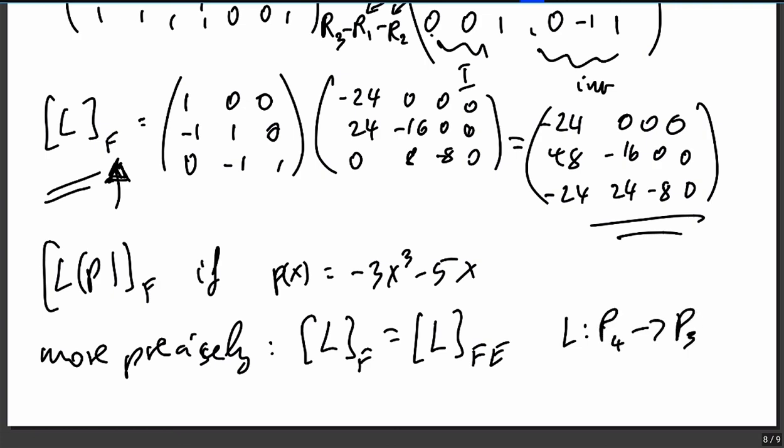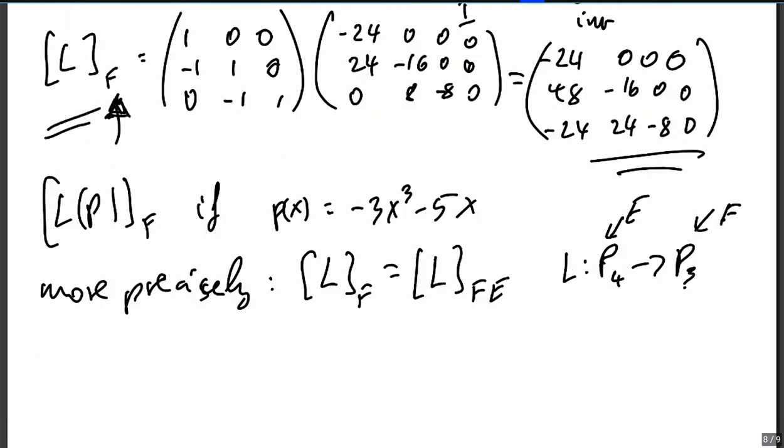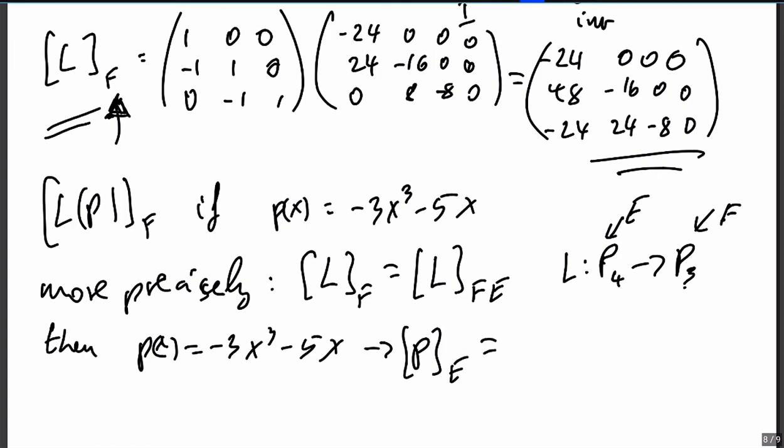In P4 we use the standard basis, and we use the non-standard basis in P3. Then we can write this P, minus 3x cubed minus 5x, in the standard coordinates in P4.